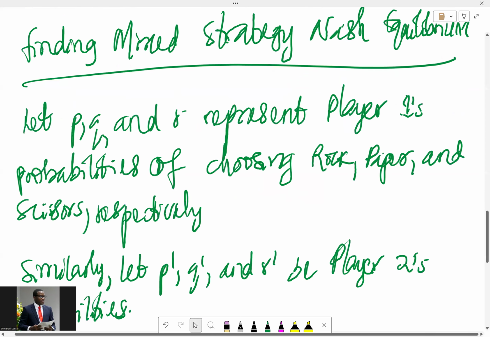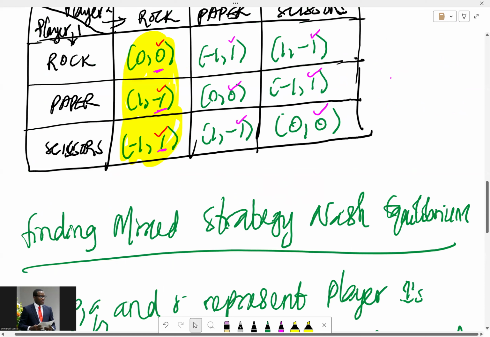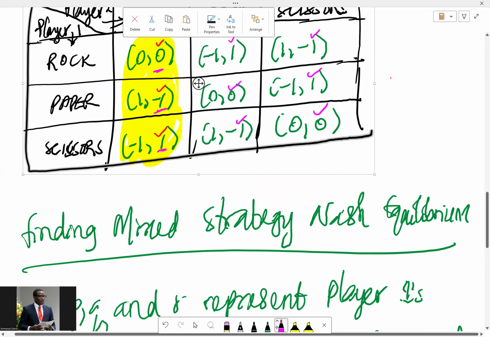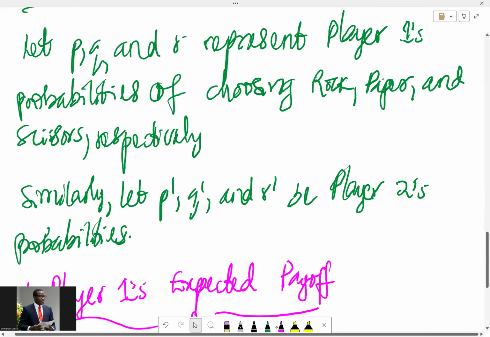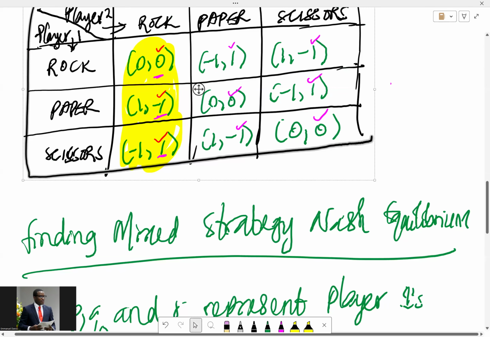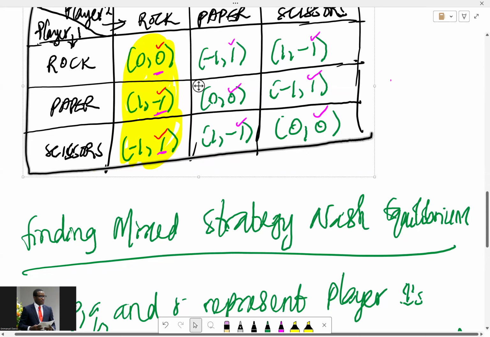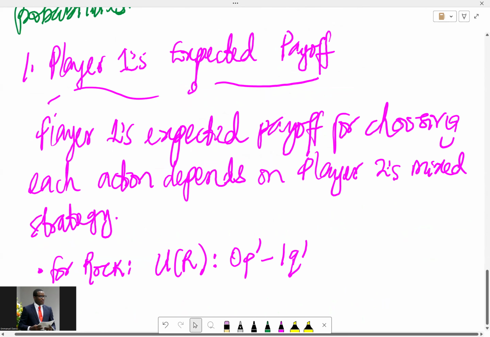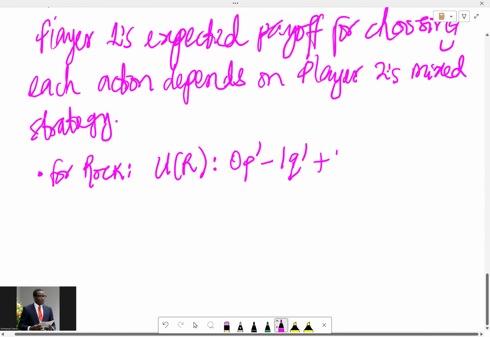The payoff for picking rock when player one picks paper is -1, and the probability is q prime. And then the payoff for picking rock when player one picks scissors is actually 1, so we have 1 multiplied by r prime, for player two. So this is player one's payoff, depending on what happens to player two.